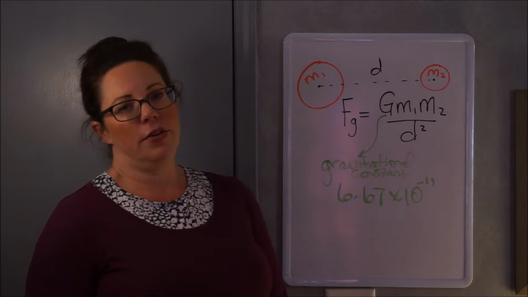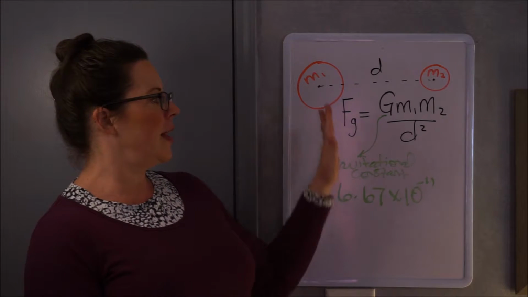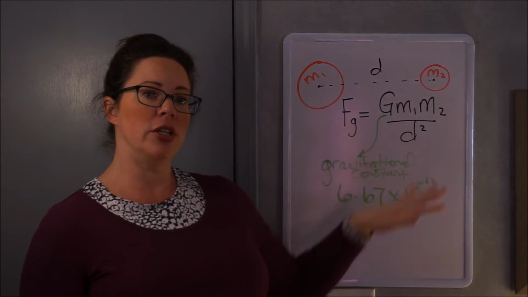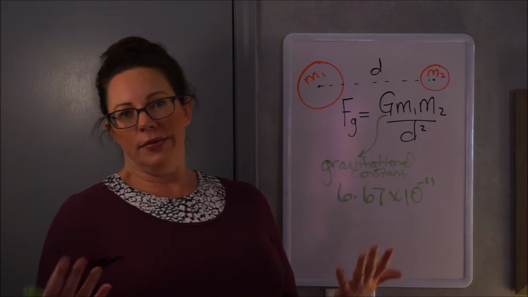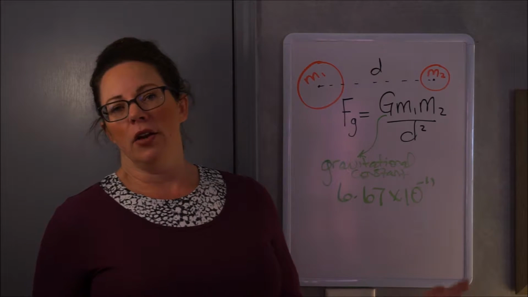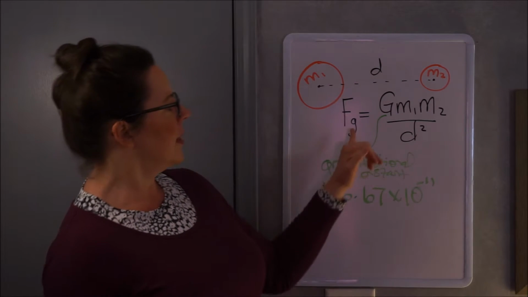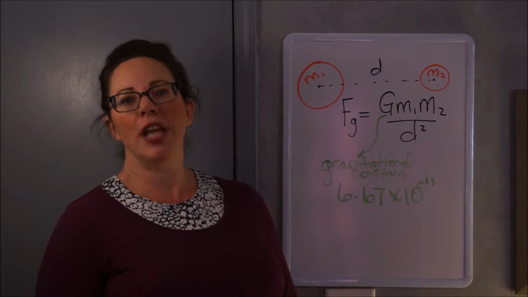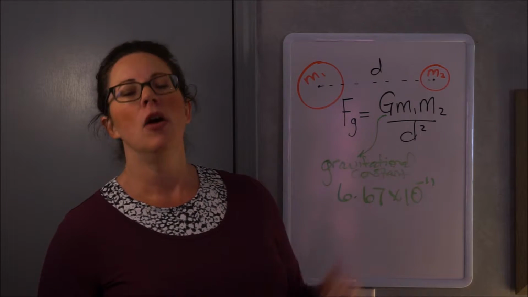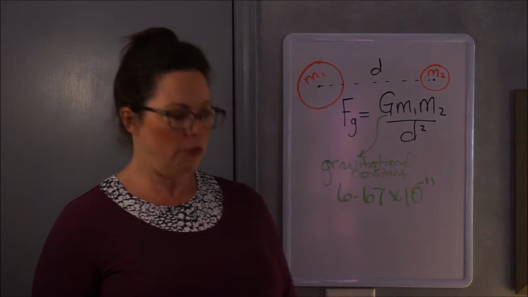So here's the good news for my students. I am not going to have you plug numbers into this equation to calculate actual forces between planets and objects on the earth. I'm just not going to do it. So what I'm going to ask you to do is tell me how changes to the m's and the d will affect the gravitational force.